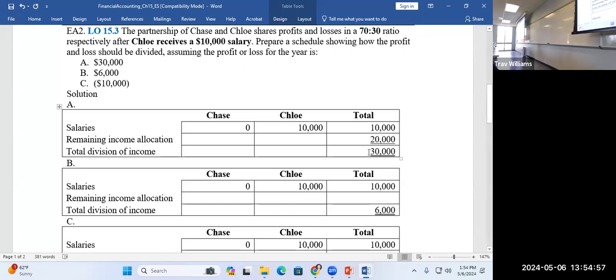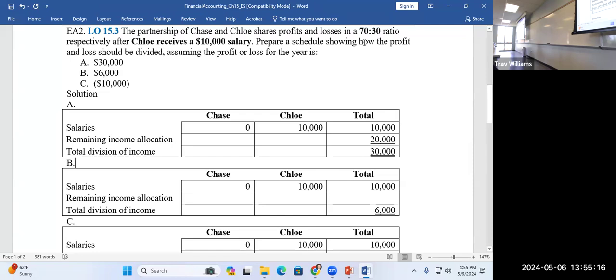You take the total division of income minus the total salaries to get the remaining income allocation. So you'll have to do that for B and C. Any questions so far?